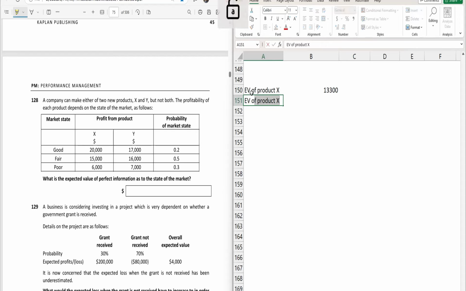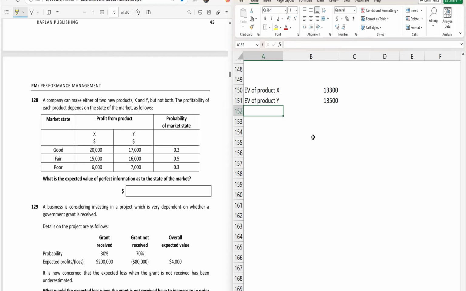Now the expected value of product Y: we have 17,000 into 0.2, 16,000 into 0.5, then 7,000 into 0.3. Altogether we have a value of 13,500.